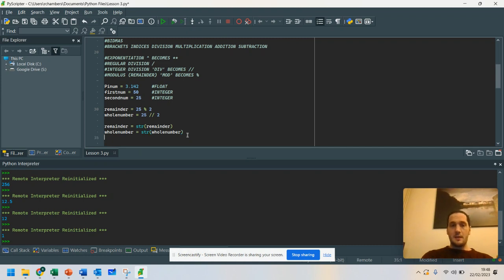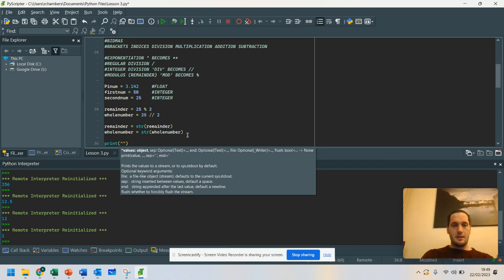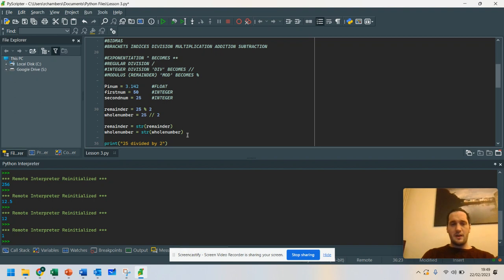Now, what it means, because I've converted that, is I can now go print, all right, 25 divided by 2. I can use the other strings if I wanted to, but I've not converted them yet. 25 by 2 is a whole number of, I'm going to say whole number.